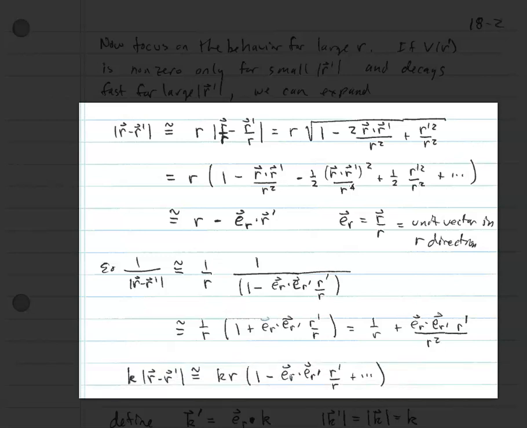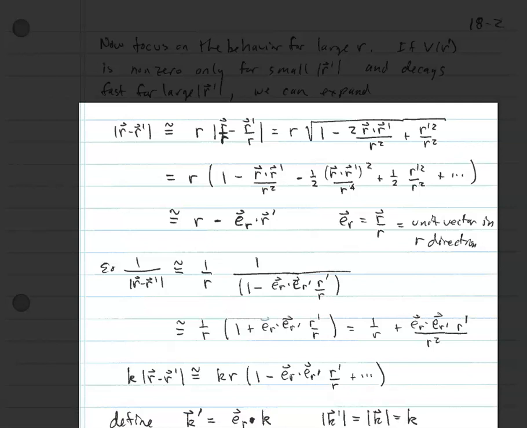We now are going to multiply this by k. We're going to get k|r − r'|, which is kr times 1 minus e_r·e_r' r'/r, plus higher order. We're now going to take the opportunity to define a second scattering wave vector that we're going to call k'. It's simply defined to be e_r times k.